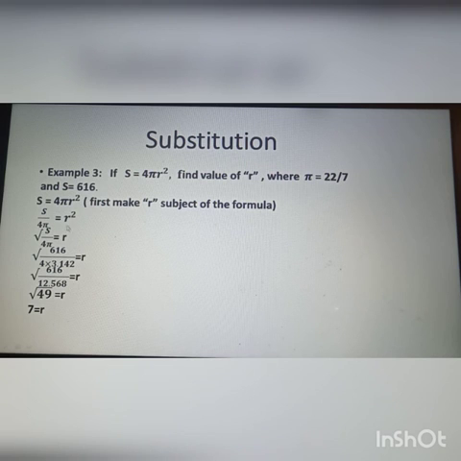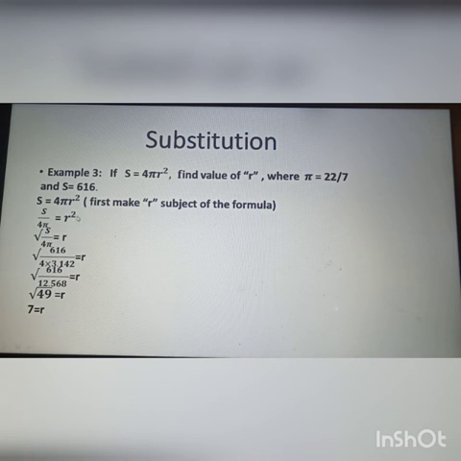Now it's still not isolated, because it's the value of r square, but we are supposed to calculate the value of r. So we basically need to remove this square. Removing this square means we need to take the square root on both sides. I hope the method of taking square root is familiar to you.